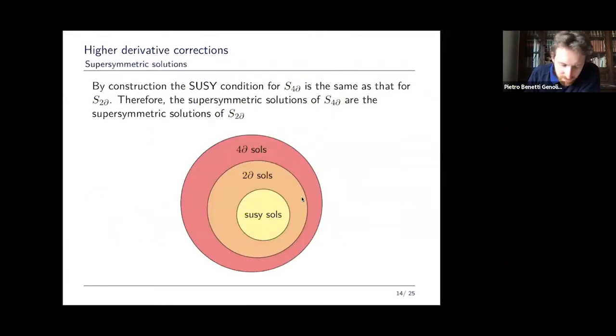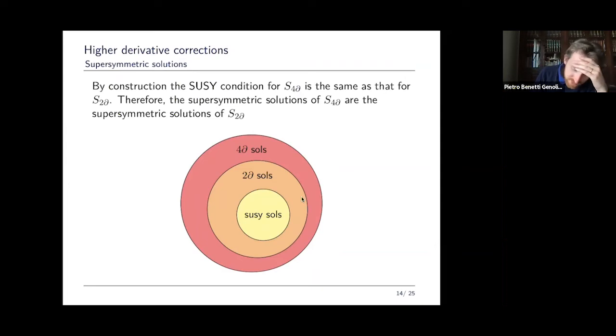Moreover, by construction of Bobev et al., the supersymmetry condition for the 4-derivative action is the same as for the 2-derivative action. Therefore, any supersymmetric solution to the 2-derivative equations of motion is a supersymmetric solution to the 4-derivative equations of motion. In fact, because the supersymmetry is the same, all the supersymmetric solutions to the 4-derivative equations of motion are supersymmetric solutions to the 2-derivative equations of motion, right?